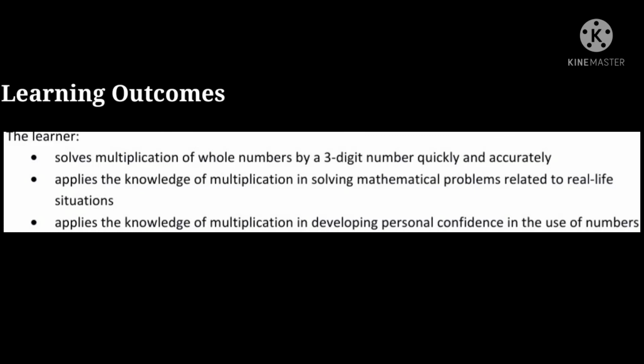Very important. Whatever concept the student is learning, he must be able to apply the knowledge of that concept in solving real life or daily life situations. The learner should have that confidence. After practicing, learner should get that confidence that he can apply that knowledge in solving day-to-day or real life situations.